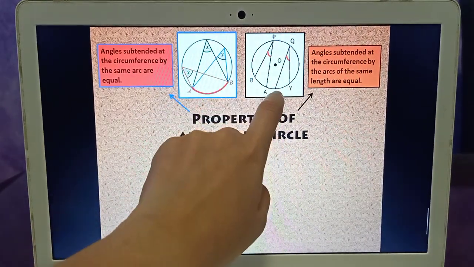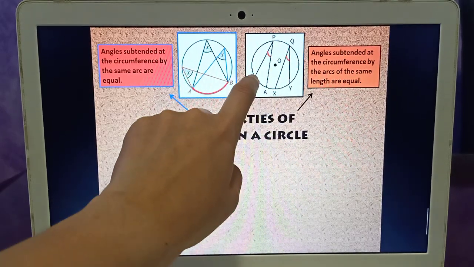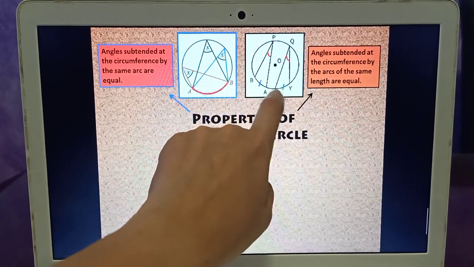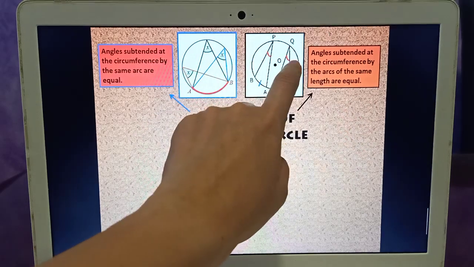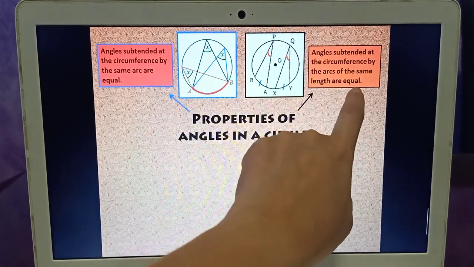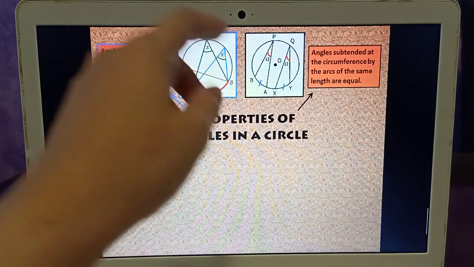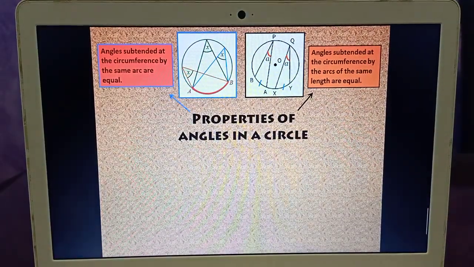This angle is subtended by arc XY. If the length of arc AB is equal to the length of arc XY, then what can we say about these two angles? They are actually equal. So if this is A, this is also A. Clear? Alright, next.